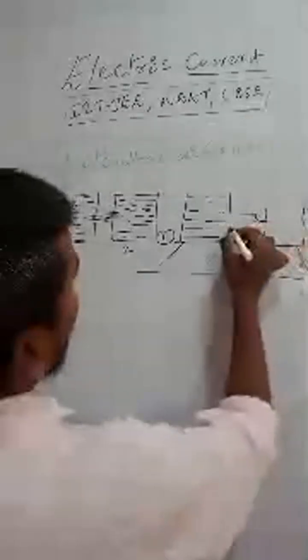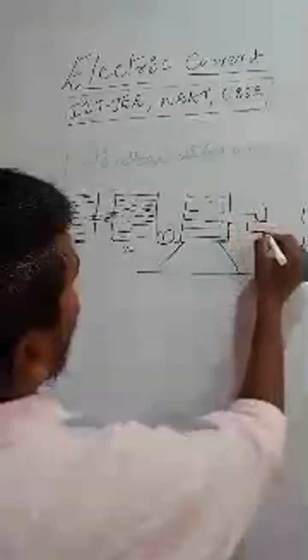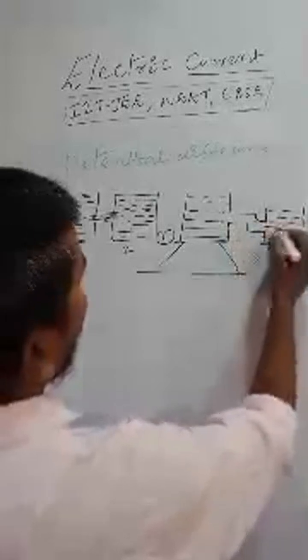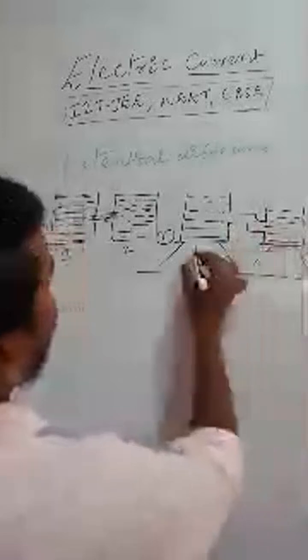Then you can understand that water flow will be there, from beaker 1 to beaker 2. Why? Because some difference is there.